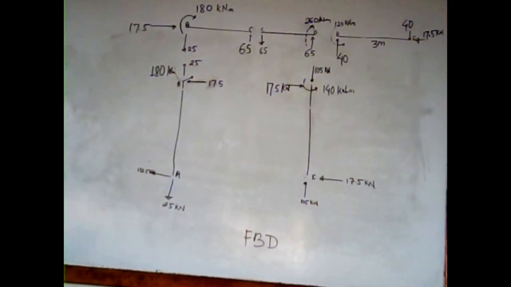So the net moment at point D will be 140 kilonewton meter in clockwise sense. To balance this net moment, we need to provide an anti-clockwise moment of 140 kilonewton meter at point D in the section DF. So we balance the section DF like this. This is the free body diagram of the given frame in which all the sections have been balanced.